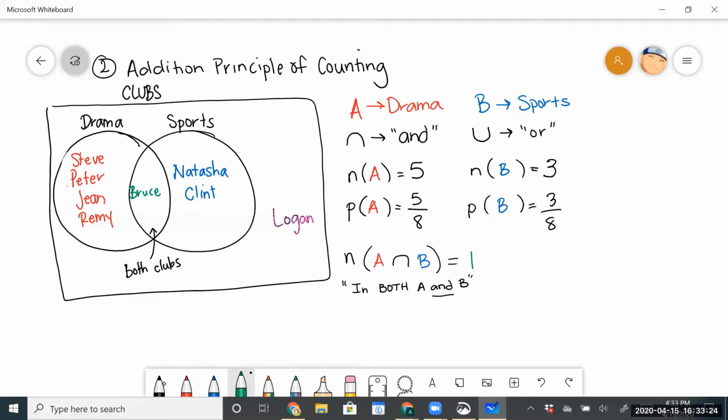And just as we mentioned before, it is possible that we use the symbol for proportion instead. The proportion of A and B, in which case we've still got 8 people, and we've got the one, Bruce, that is involved in both drama and sports.